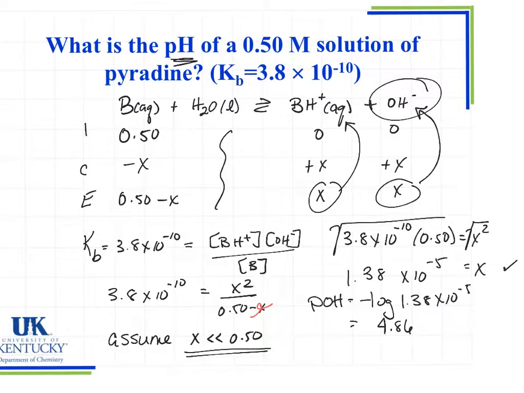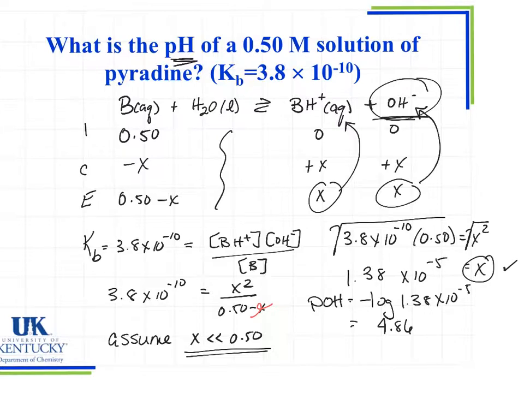Now, a lot of students will sometimes just take the negative log of this blindly, not thinking about it. The advantage of thinking about what the pH should be is here. If we have a 4.86 value and we think that's the answer, that is an acid's pH, and this is a base, so I know that can't be right. I was looking for something that was greater than 7.